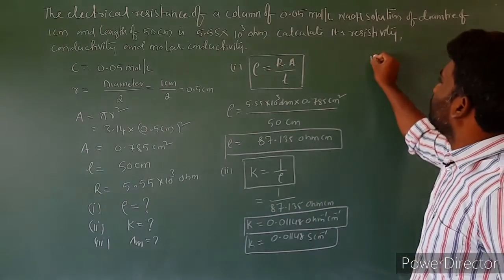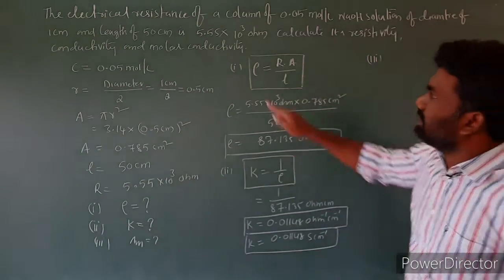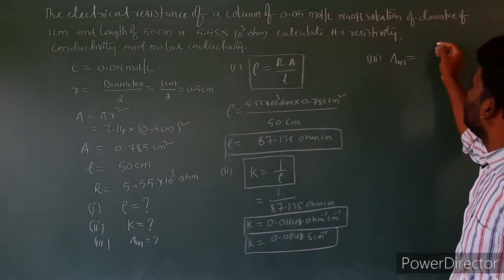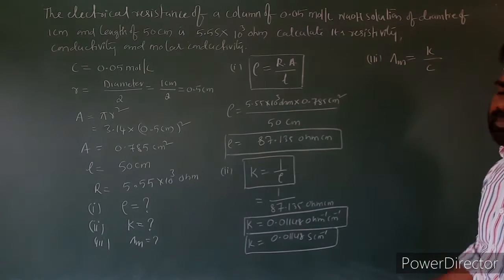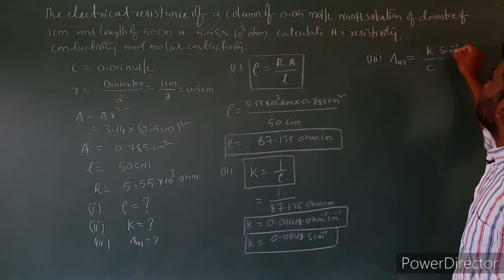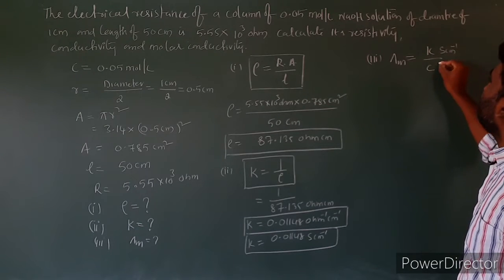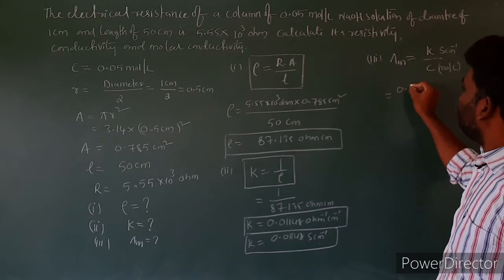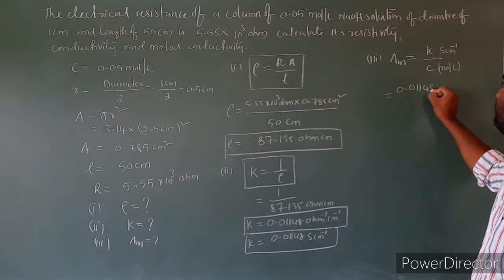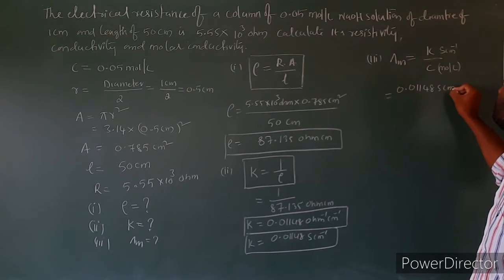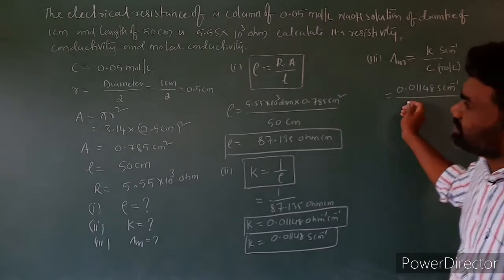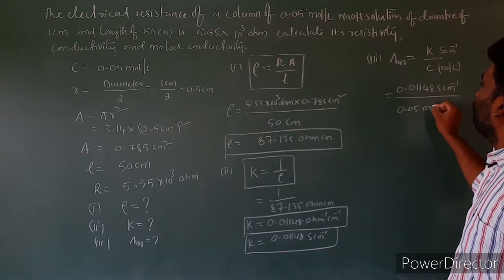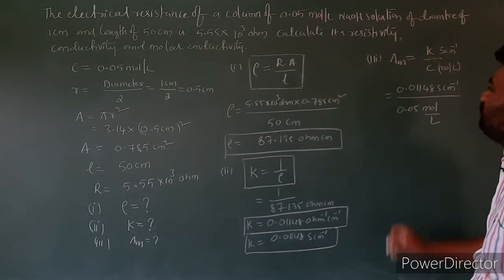Then next, the third one we have to calculate is molar conductivity. Lambda m is equal to the formula K by C. K is in Siemens centimeter inverse and concentration is in mole per liter. So K we got is 0.01148 Siemens centimeter inverse, by concentration C is equal to 0.05 mole per liter.